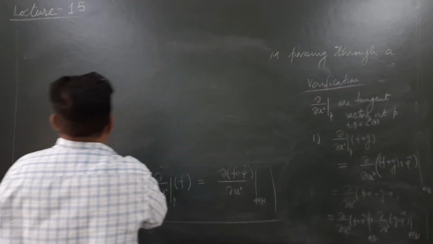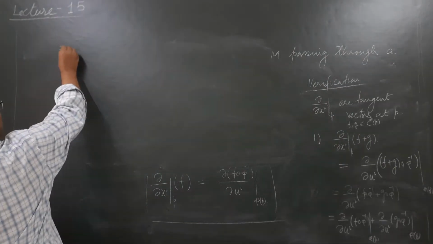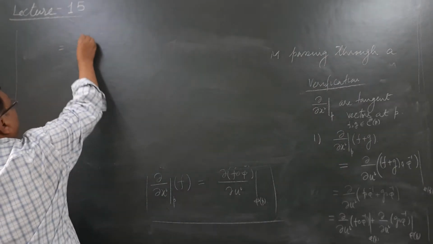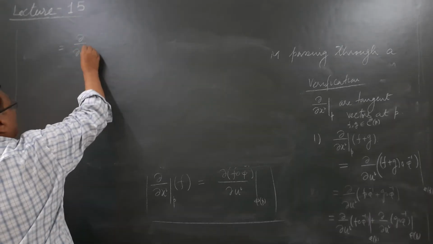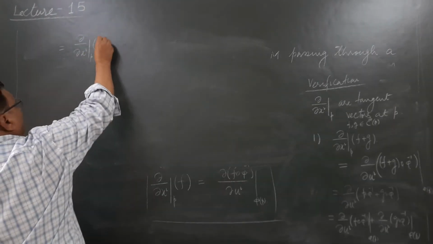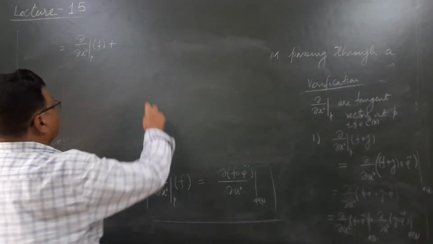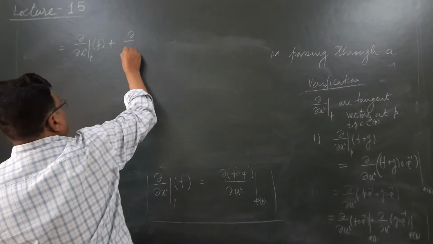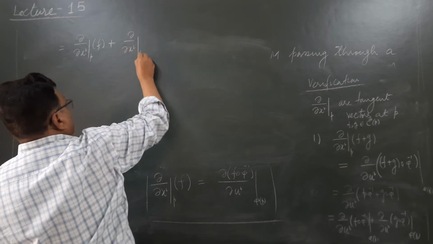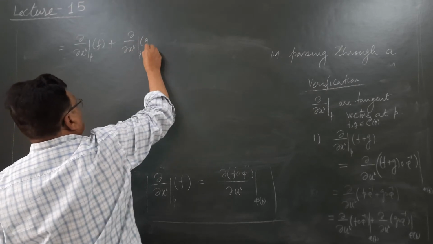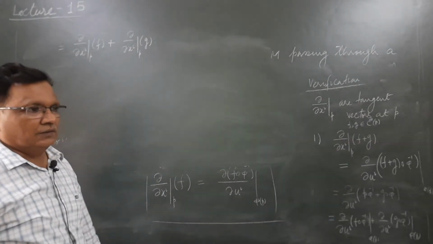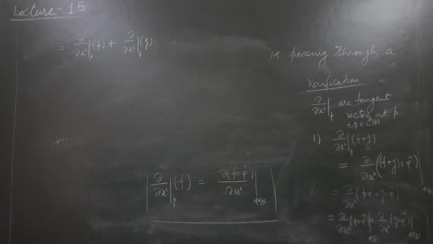Oh, the first term in the right side is del upon del xi at p operating on f. The second term of the right side is del upon del xi at p operating on g. So the first part is verified for the linearity.